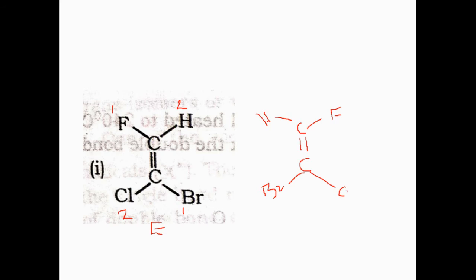Here is bromine and here chlorine, so 1, 2 and here 1, 2. The same priorities are arranged on the same side of the double bonded carbon atom, so the configuration is Z.